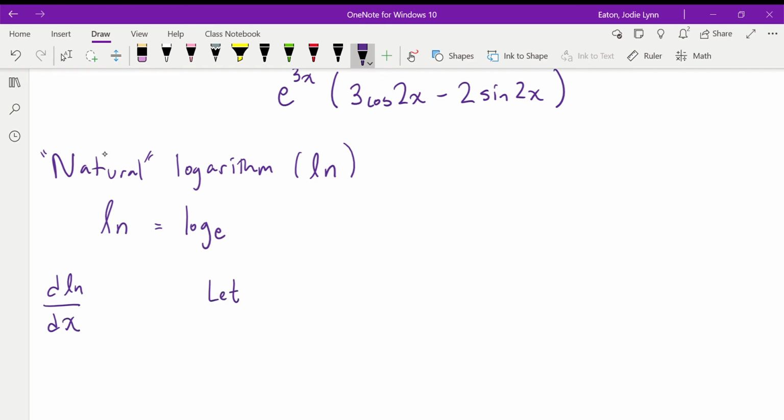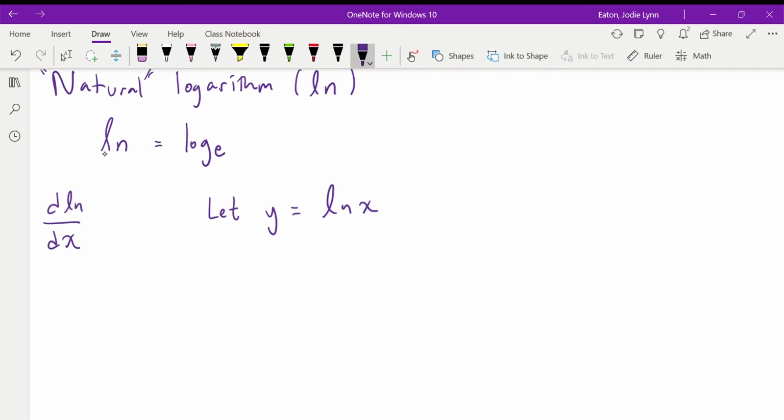So let's let y equal ln of x. We're actually going to derive this. If y is ln of x, that means y equals log base e of x. So our base stays the same, y becomes our power, and x is what it's equal to. Now I'm going to differentiate implicitly here.